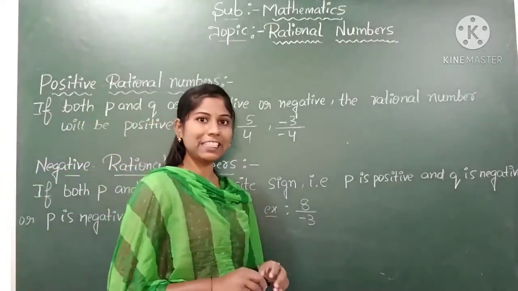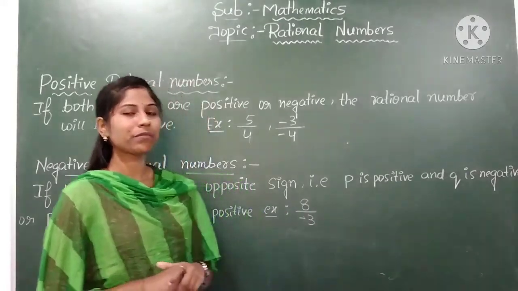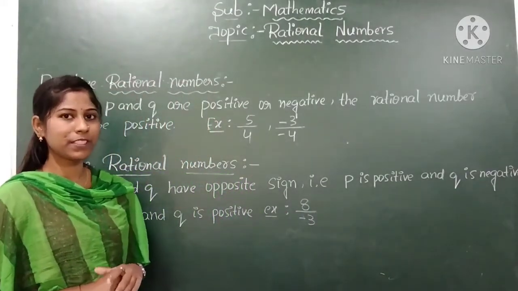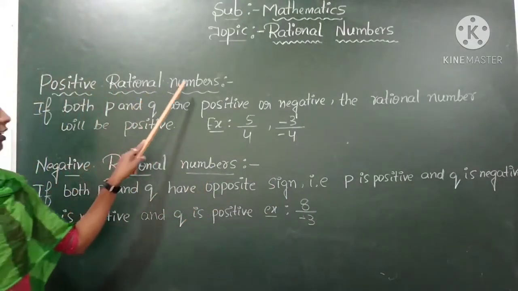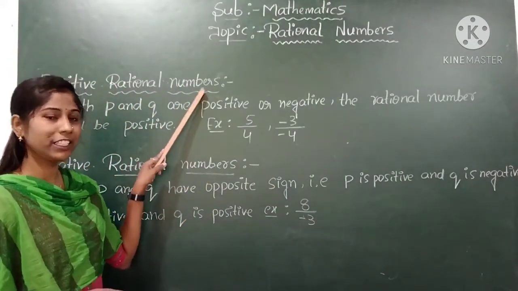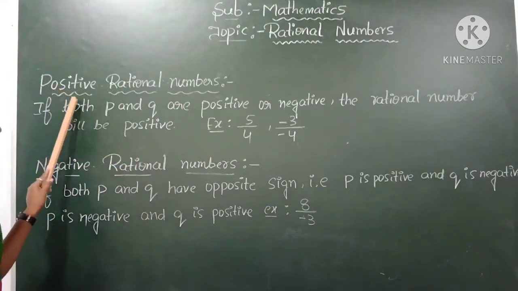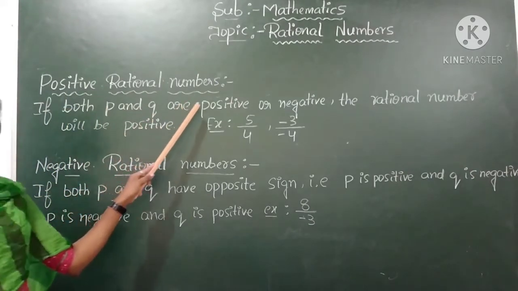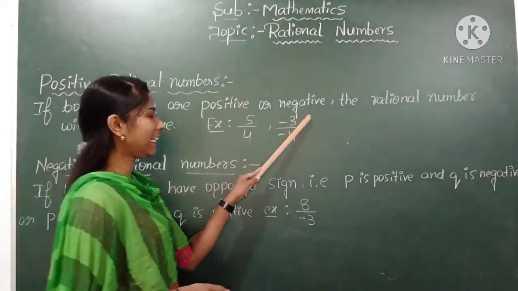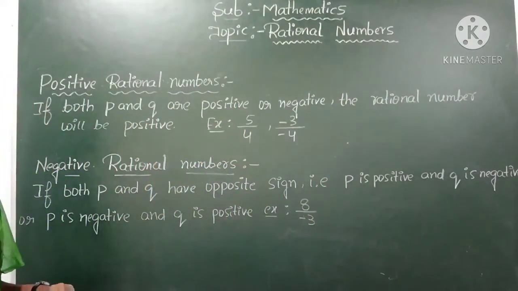How can you tell that rational numbers are positive and rational numbers are negative? Yes, there is a definition for the positive rational numbers. How can you define positive rational numbers? If both p and q are positive or both negative, the rational number will be positive.